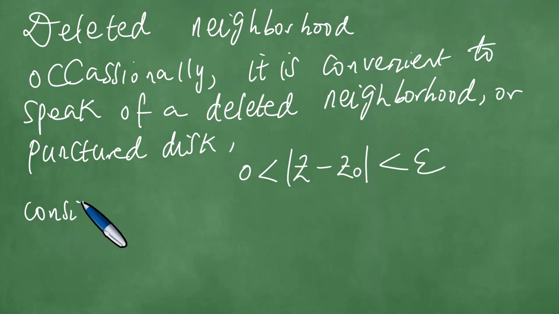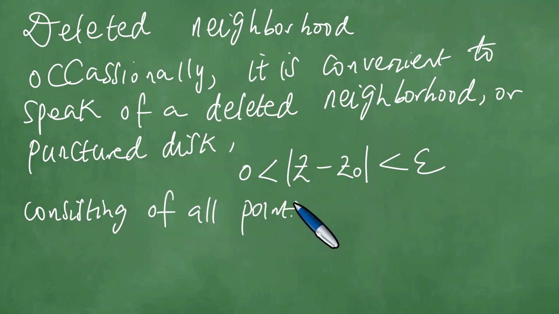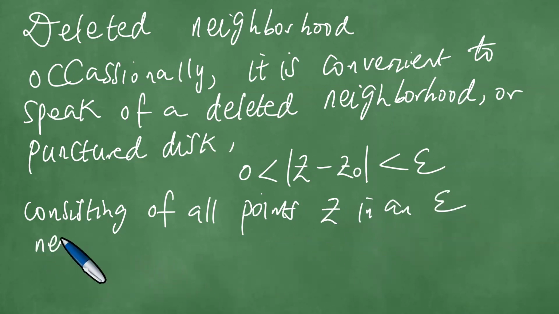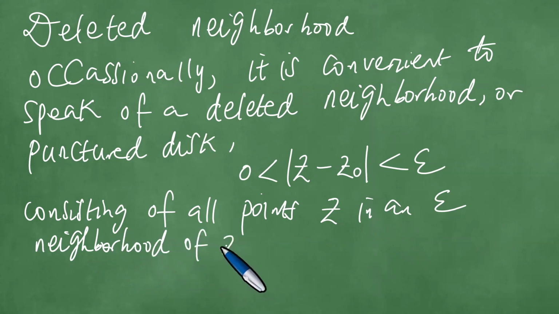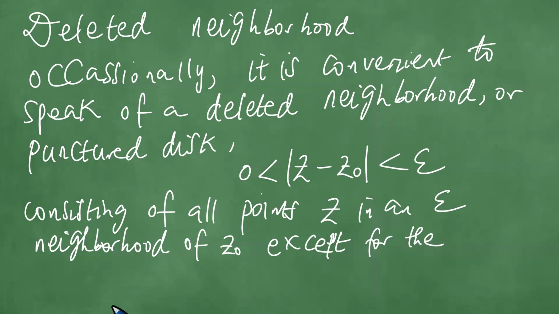Consisting of all points Z in the epsilon neighborhood of Z0, except for the point Z0 itself.